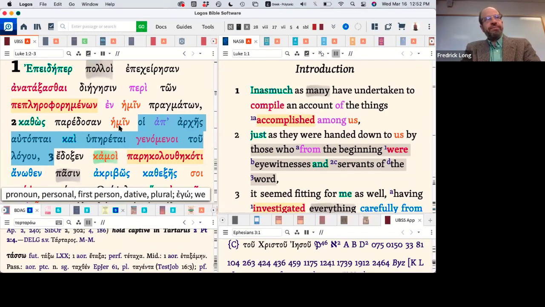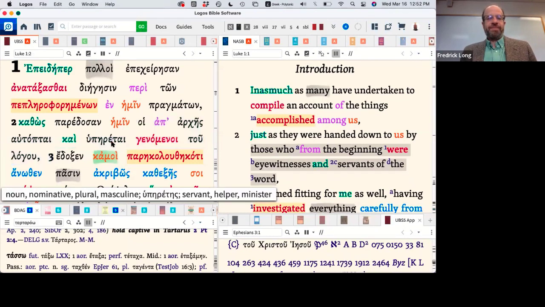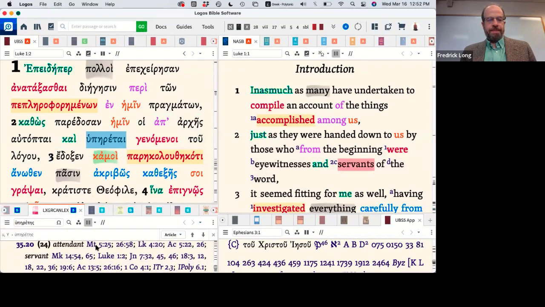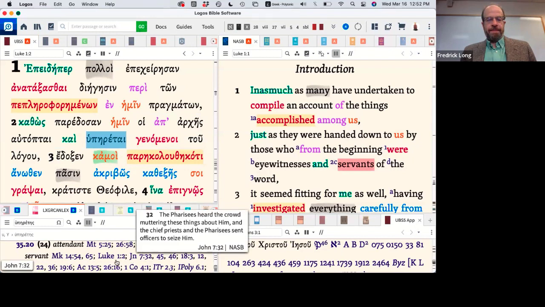You also have in Acts 6 this idea of them saying that they're not going to leave the ministry of the word to wait on tables, so that the apostolic office. And then in Acts 2, the apostles' doctrine seems to be their understanding of themselves as being servants of the word.